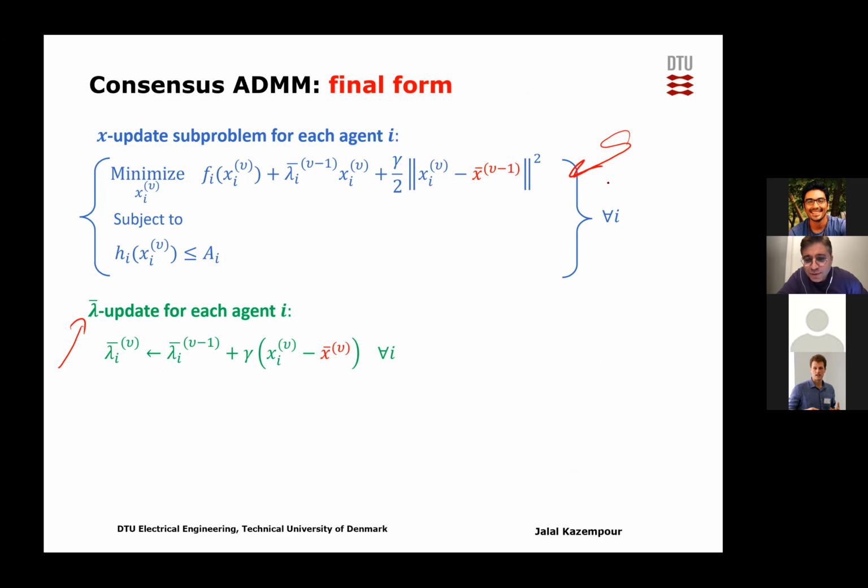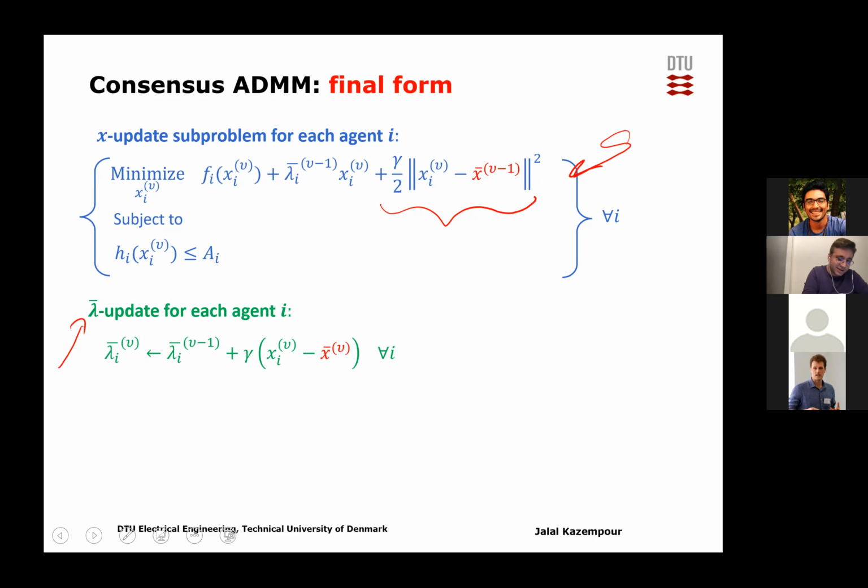So Raja says, beautiful. Raja, can you interpret now this final form? What are we doing? What does it say? We are penalizing based on what?